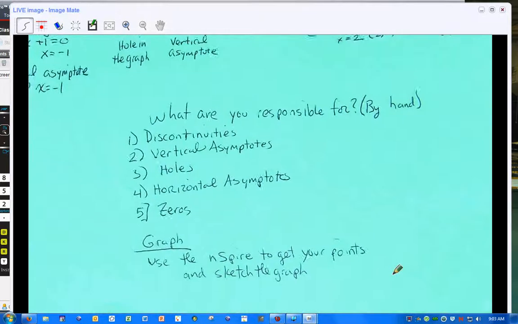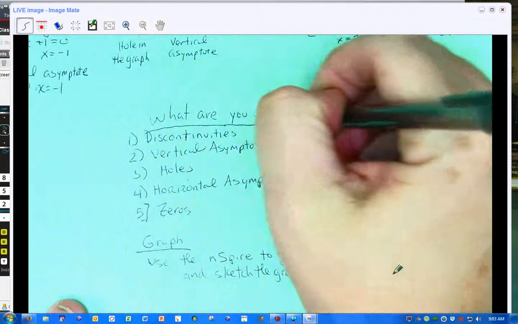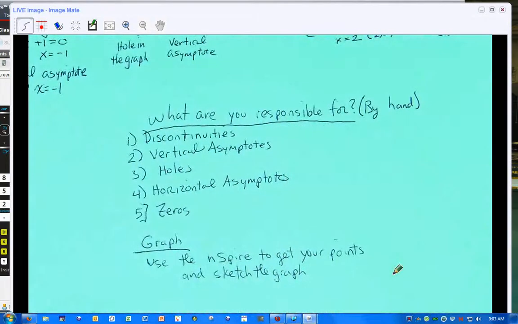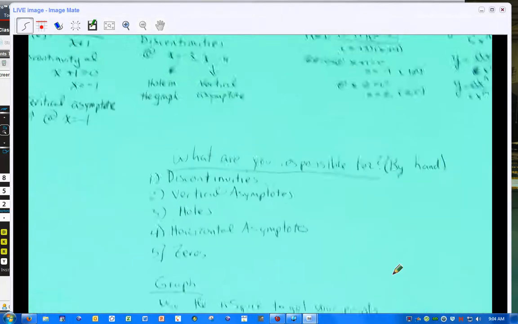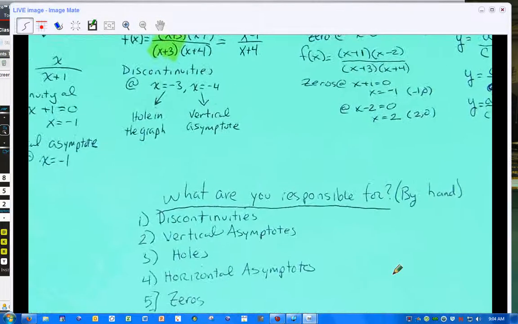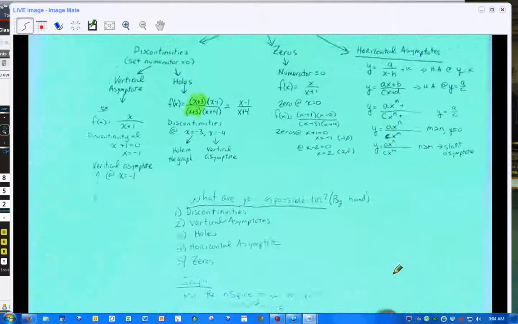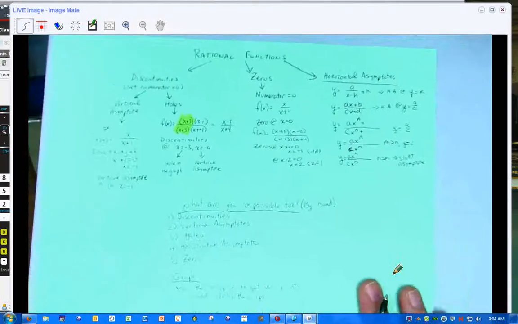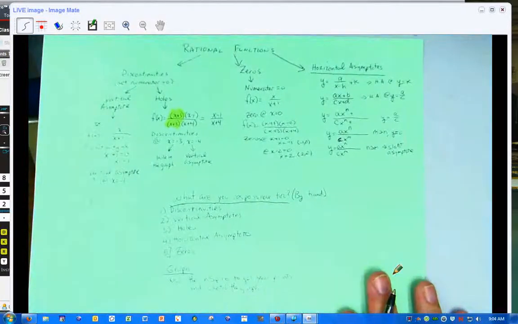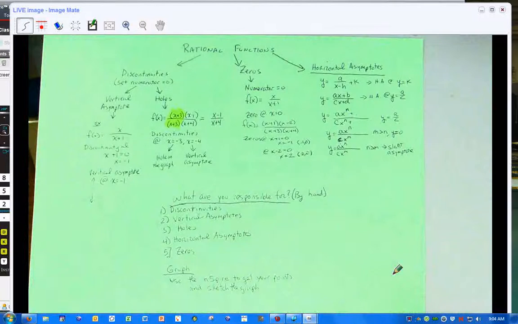But I want you to have a nice understanding of the discontinuities. Where does the function not exist? So if I go out a little bit, I know that's not the best picture, but those are some of the good ideas that we're going to be dealing with.